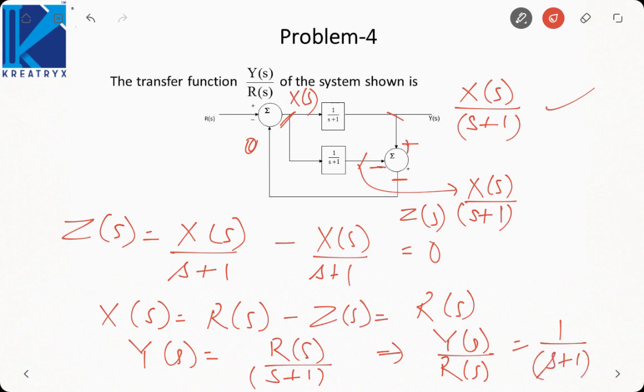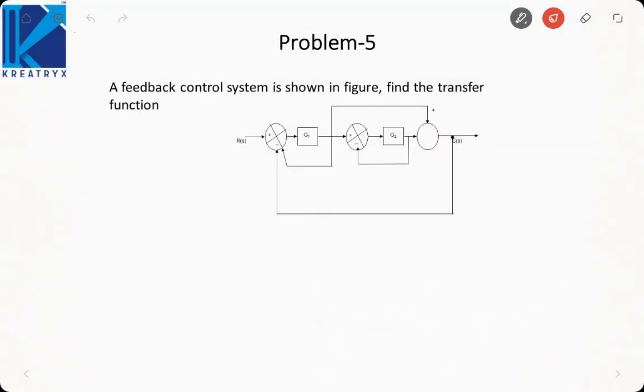The common misconception amongst students in this problem can be that, since similar blocks are being subtracted, here a minus sign and here a plus sign, the output would be 0. But it is the output of the summer that would be 0, not Y(s). So you need to take care here, the output will not be 0, because in the options, one option would definitely be 0. Okay.